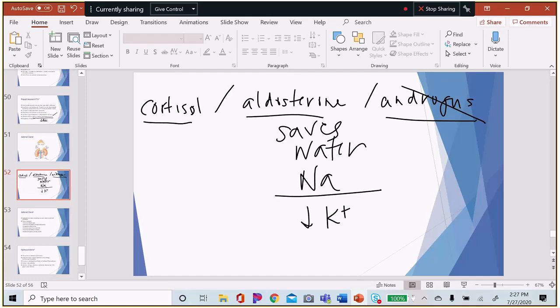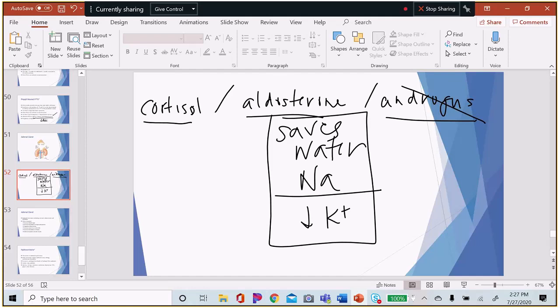And that's why if we block that system like we do for those ACE inhibitors and angiotensin receptor blockers, we get rid of water and keep potassium. So this is what we want. When we're low on water, our blood pressure is low, and in times of stress, we want to save water so that we maintain our blood pressure.